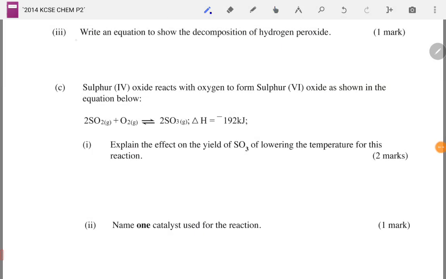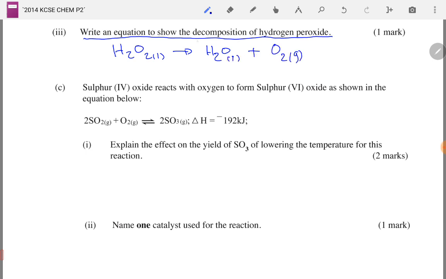Now, subsection 3, write an equation to show the decomposition of hydrogen peroxide. Hydrogen peroxide naturally decomposes, giving water and oxygen. However, this process is quite slow. Unless you add a catalyst, the rate of reaction is quite low.